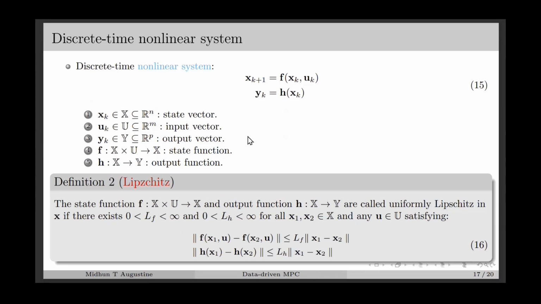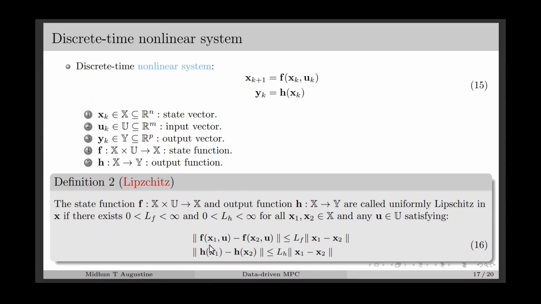Here we move on to a definition which is called the Lipschitz criterion. In the case of nonlinear systems, we normally assume these f and h functions to be Lipschitz, which basically says that there exist some finite constants such that the difference of this function for two different states x1 and x2 is bounded by lf times the norm of the difference between x1 and x2, and similarly for h as well.